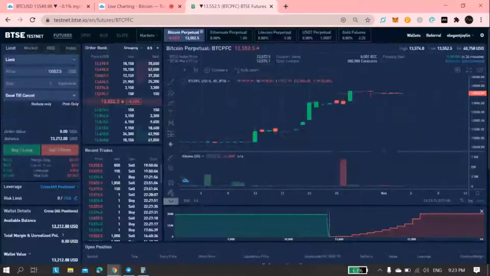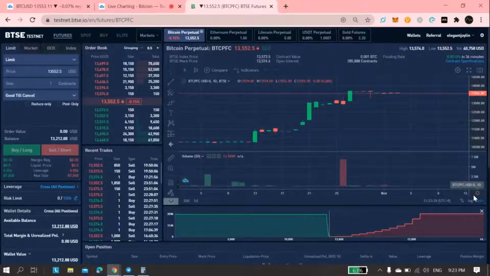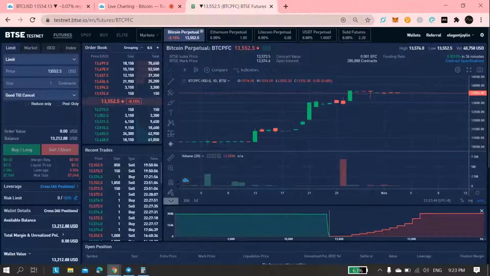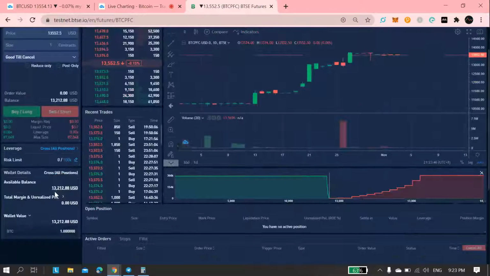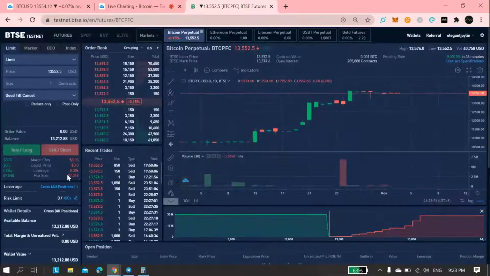But mostly, my wallet has already 1 BTC. So let me show you, because in previous videos I told you that my liquidation value usually is 0. So let's make an example. This is the maximum size that I can possibly open. So let's just open 100 contracts.